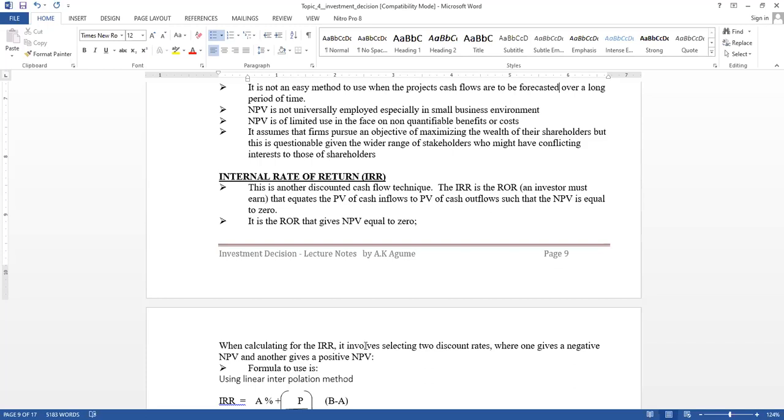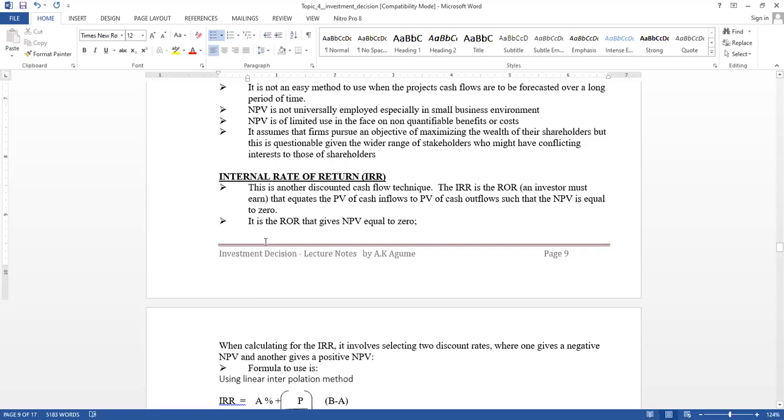This required rate of return equates the PV of cash inflows to the PV of cash outflows. When I talk of PV, that is present value. The present value of cash inflows is equal to the present value of cash outflows, so that the NPV is equal to 0. Okay?